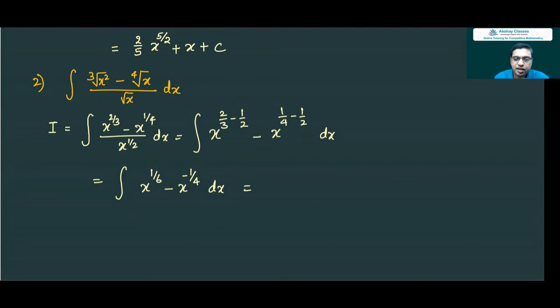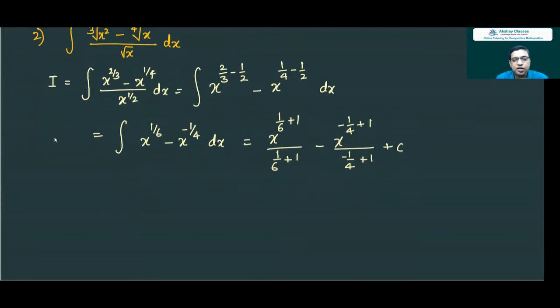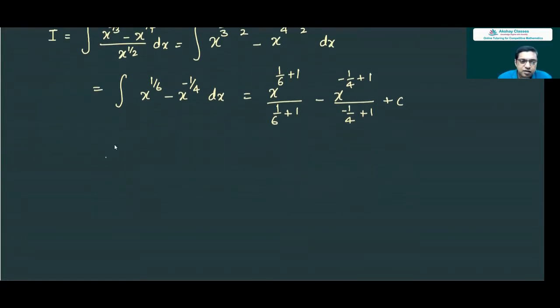So this is x^(1/6 + 1)/(1/6 + 1) − x^(−1/4 + 1)/(−1/4 + 1). Using x^(n+1)/(n+1), we get (6/7) x^(7/6) − (4/3) x^(3/4) + c.